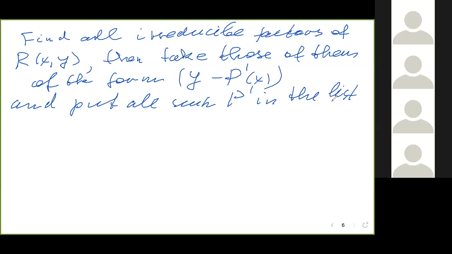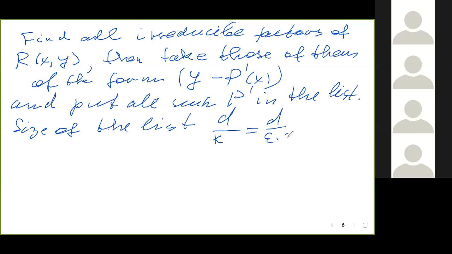So the size of the list will be d, the degree of R, divided by k, which is equal to d over epsilon 2 to the m, because k is epsilon 2 to the m.